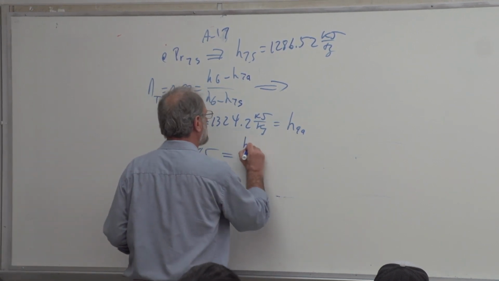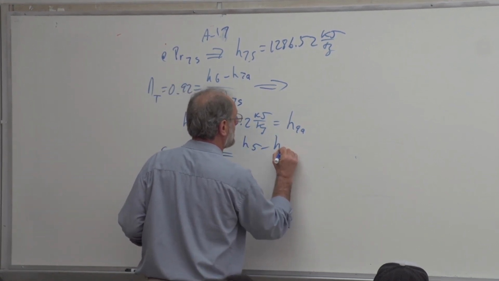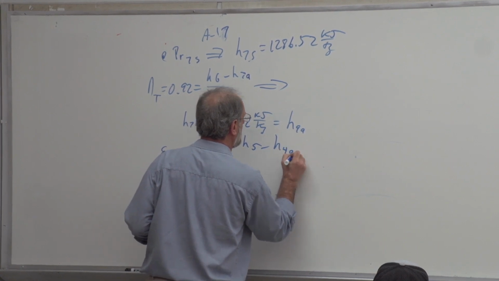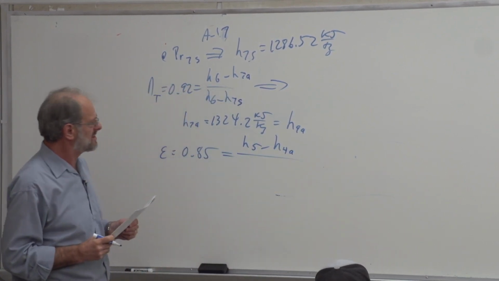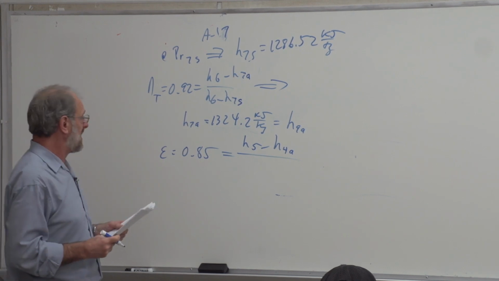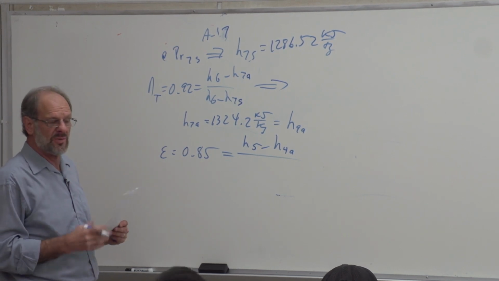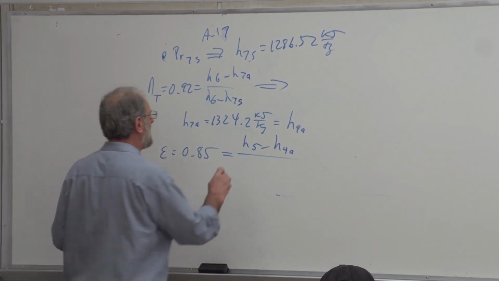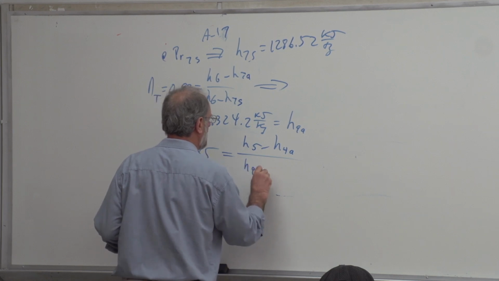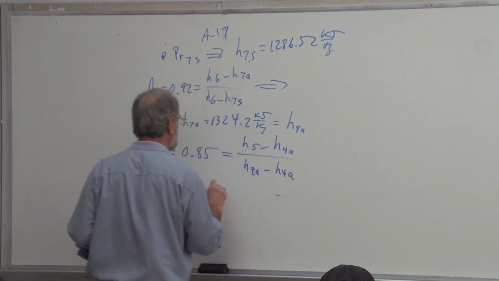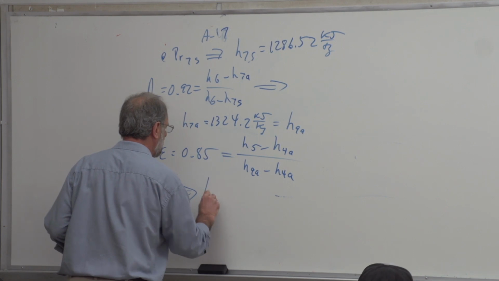So keep in mind, this is the actual heat input through the regenerator, which is from 4A to point 5, divided by the maximum possible heat input, which is where we would go from 4A all the way up to 9A. So H9A minus H4A.